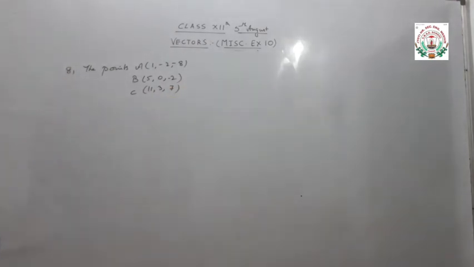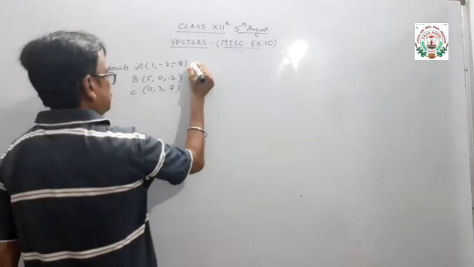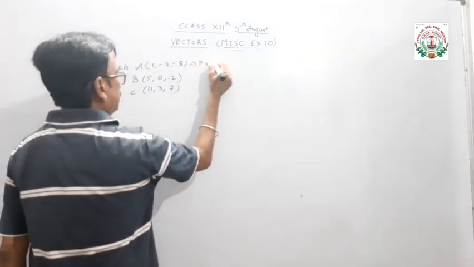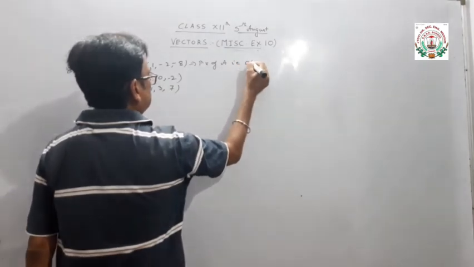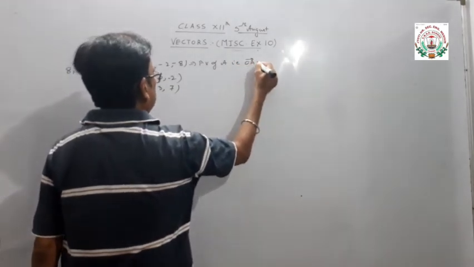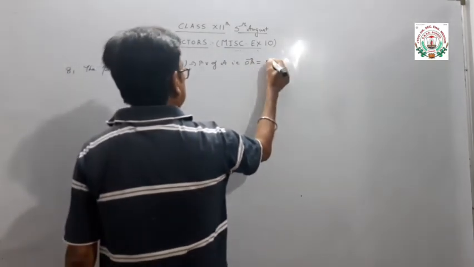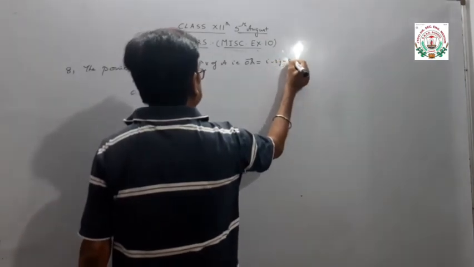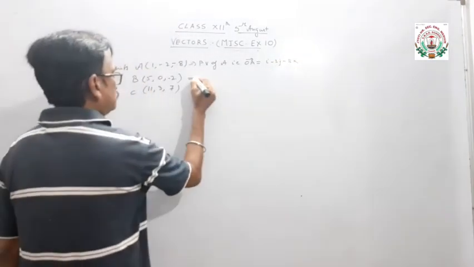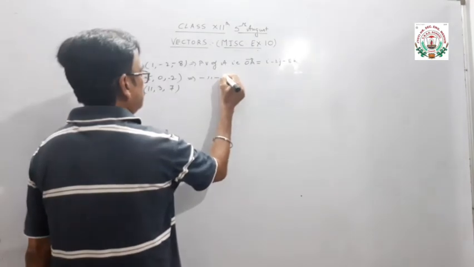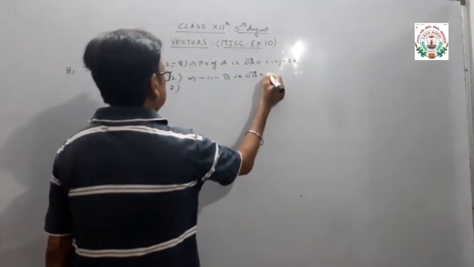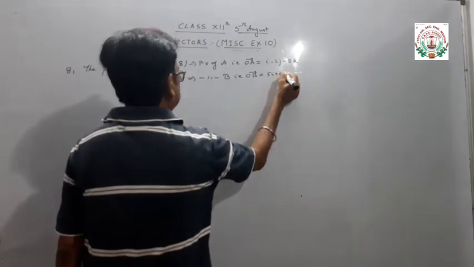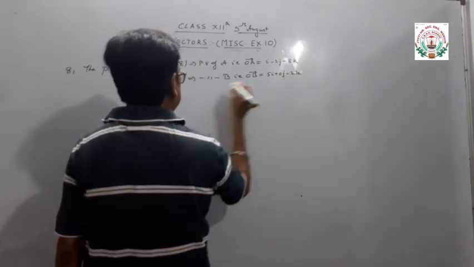First we will find the position vector of A. With respect to the origin, OA vector is i minus 2j minus 8k. Position vector of B, OB vector, is 5i plus 0j minus 2k.